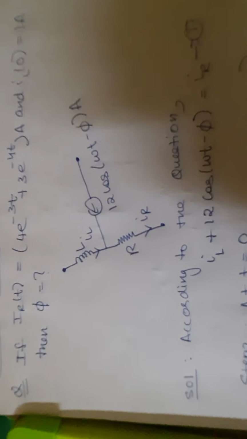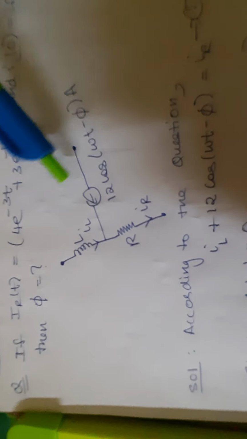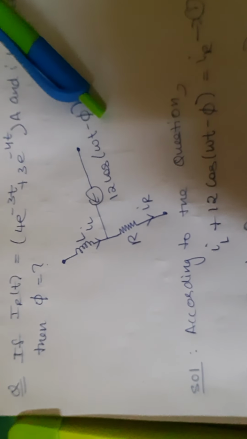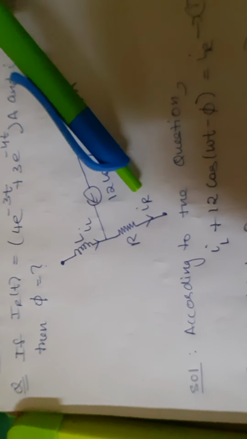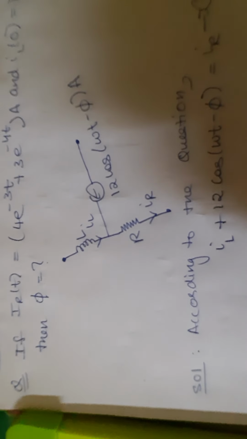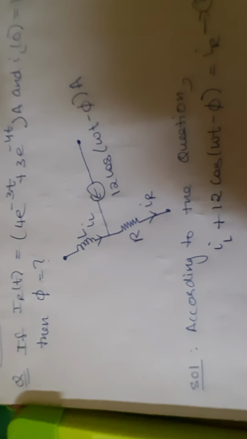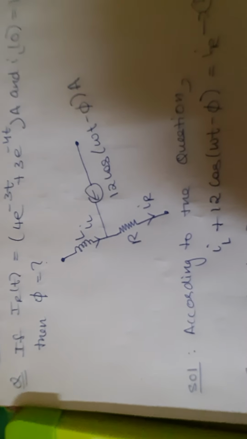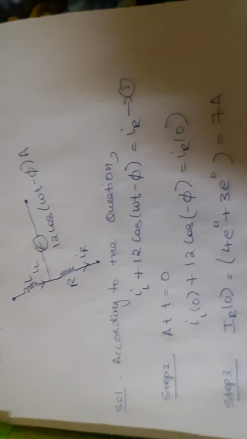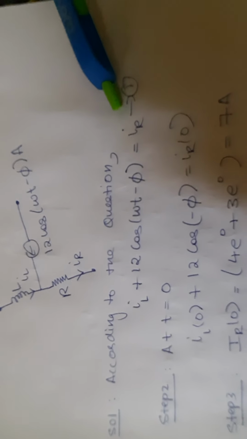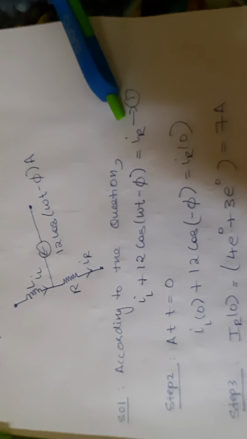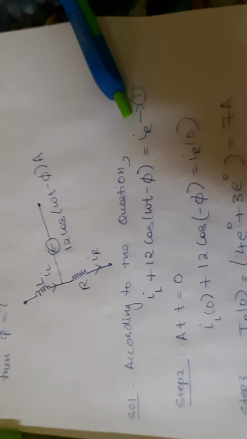So according to the question, we can see that IL plus 12 cos omega t minus phi is equal to IR. We know that current entering at a point is equal to current leaving at a point. So based on that, I have written the equation here. Now we know the value of IL of t at t equal to 0.